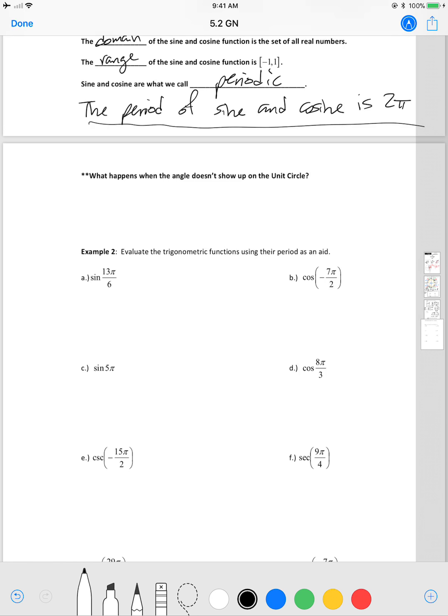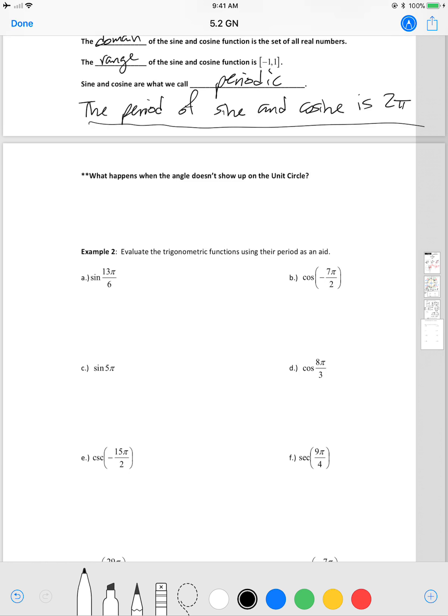But what if I want to know a different angle on the unit circle? If I want to evaluate the trig functions for a different angle, not 30, 45, or 60 degrees, or one of their multiples. In that case, there are two things I can do.